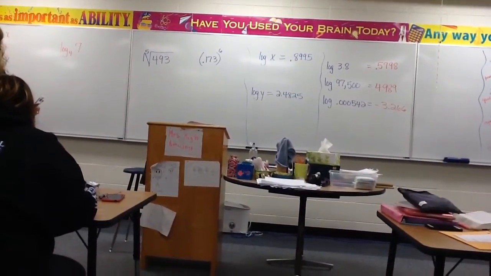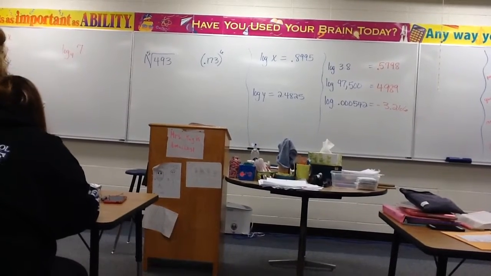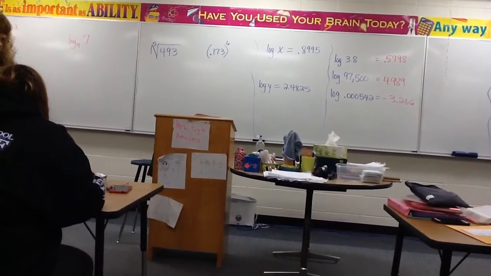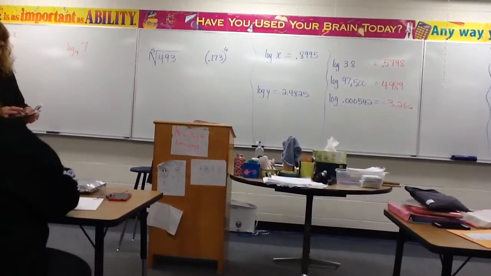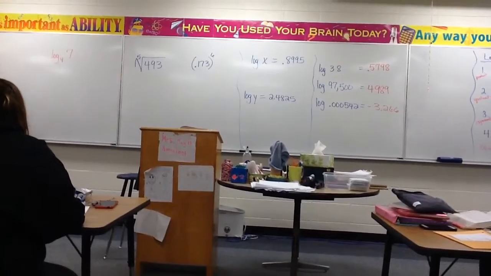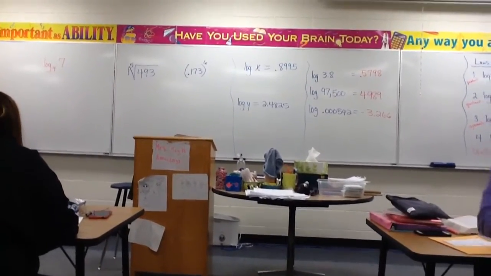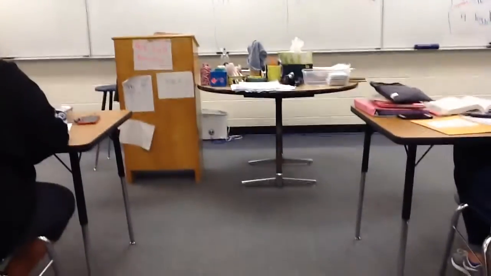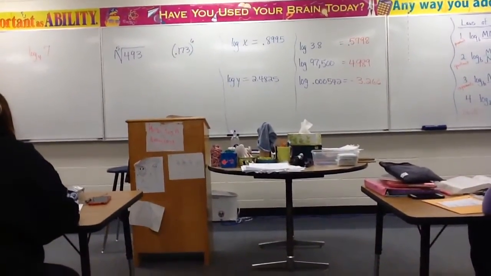So 0.000542 second. Oh yeah. Second log though, because we're doing inverse logs for these. It won't be. You got to hit second log for these. Oh, you're right. You're right.